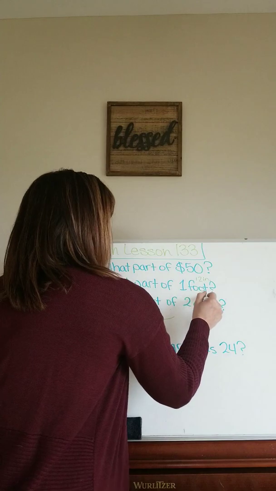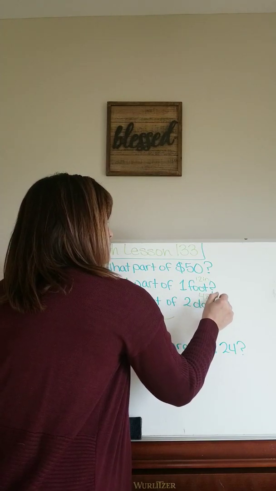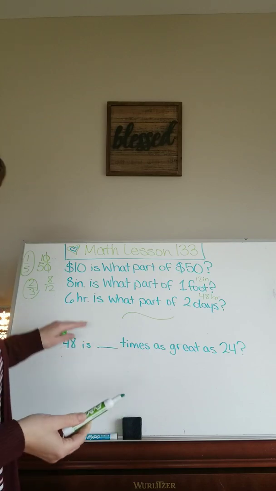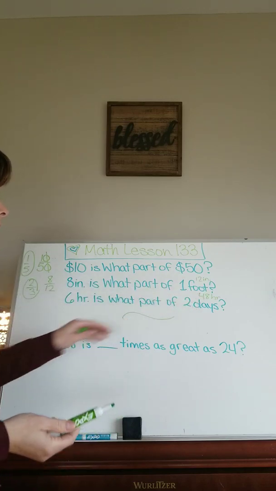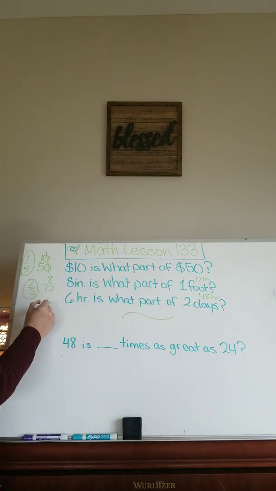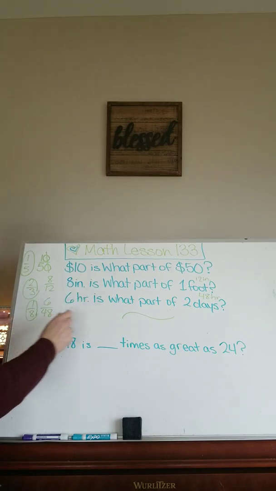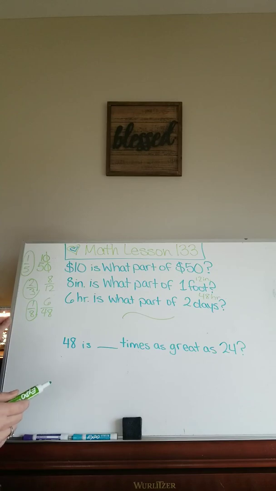Okay, now that I have them both in hours, now I can do the fraction. So 6 hours is what part of 48 hours? 6 over 48. And then reduce it. Divide by 6 on top and bottom, and that's 1/8. So 6 hours is 1/8 of 2 days.